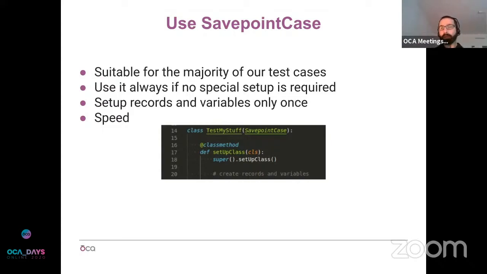And this is very time-consuming, and it can be even more so if you don't respect some tricks that I'll tell you in a while. So if you use this base class, you're going to get a lot of speed because your records and your variables will be created and assigned only at the setup of the class. And all the tests can rely on those variables already.